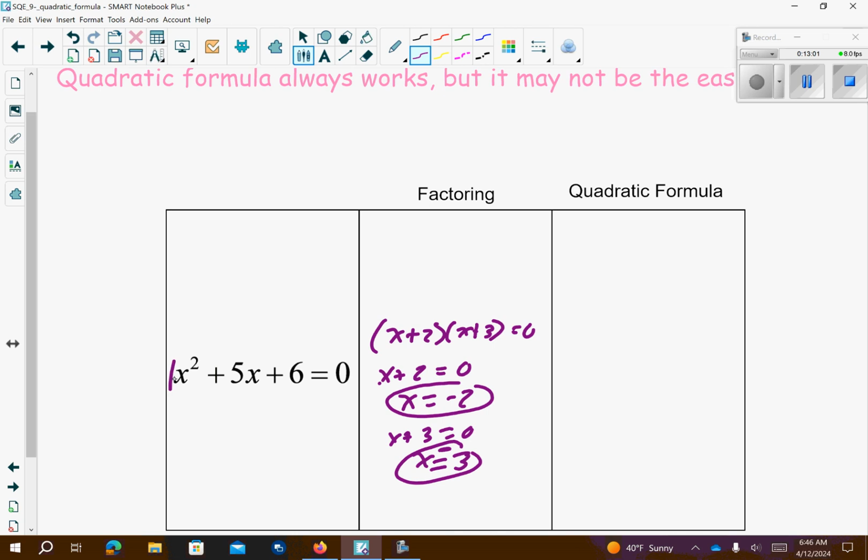So my a value is 1, my b value is 5, my c value is 6. So x equals, remember our quadratic formula is this.